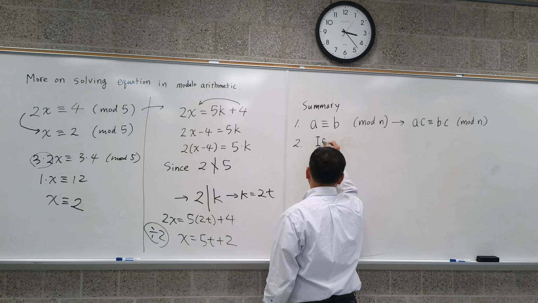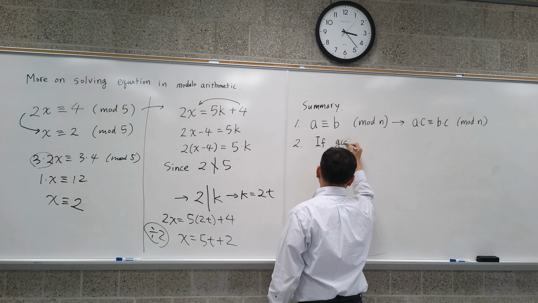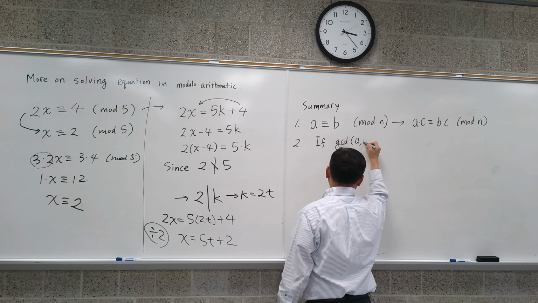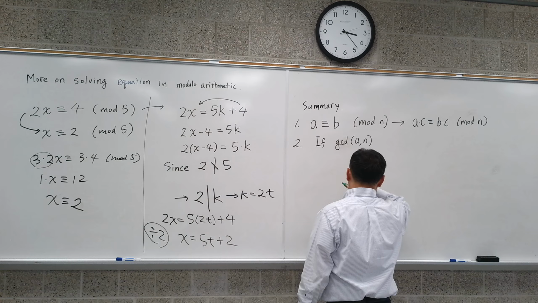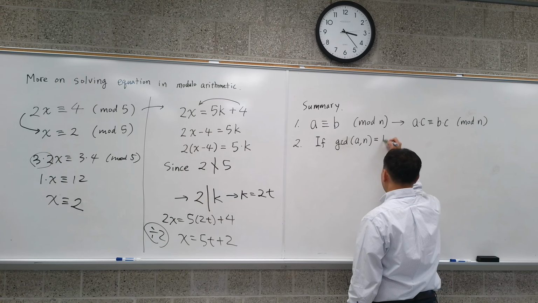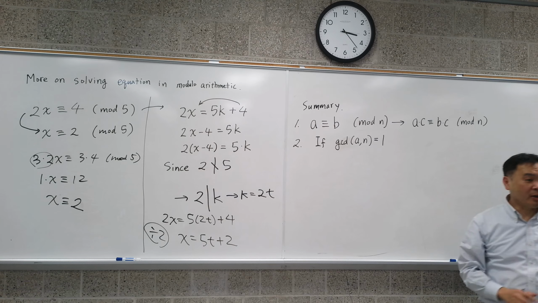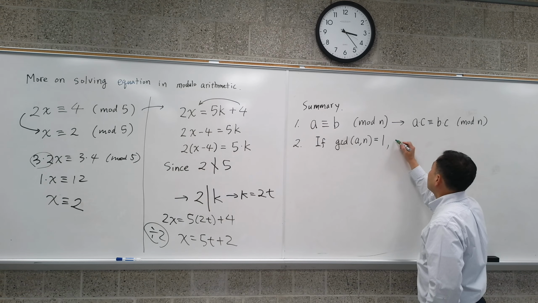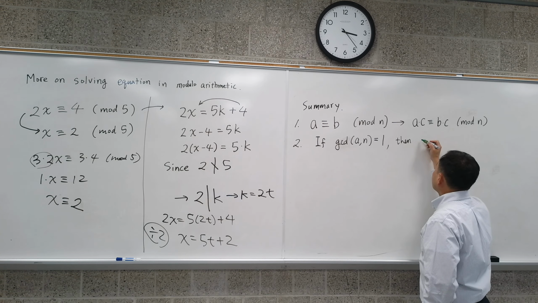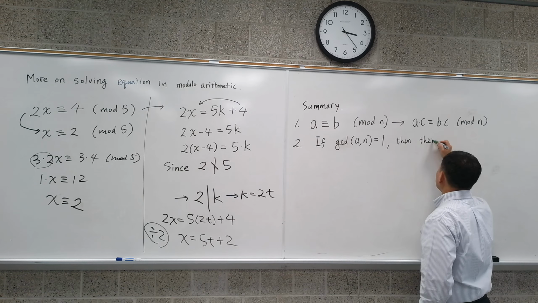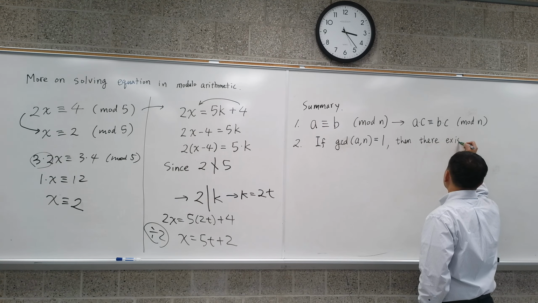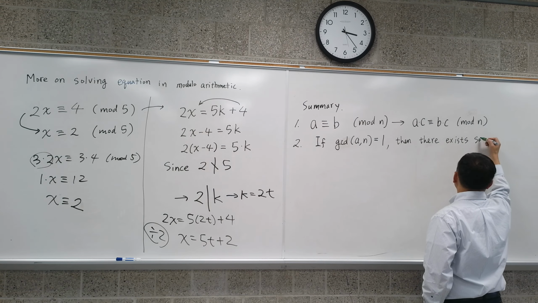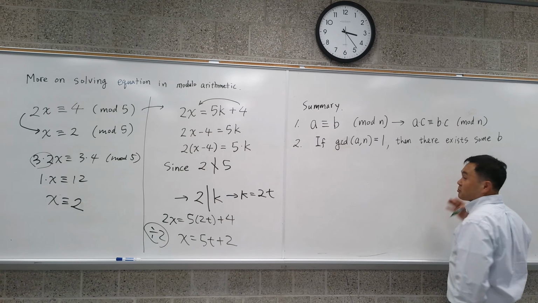if GCD of A and N are co-primes, if they don't share a divisor, then there exists some B. We'll have to find it still.